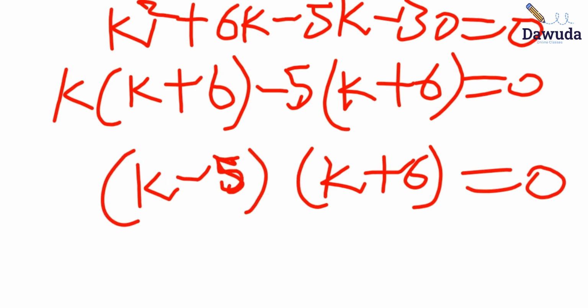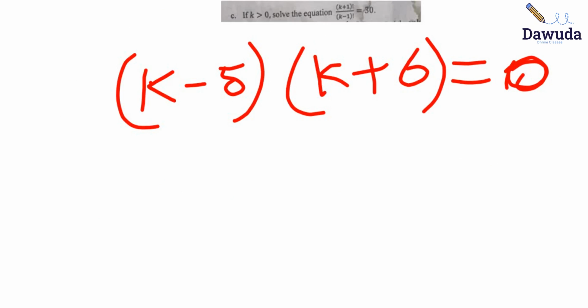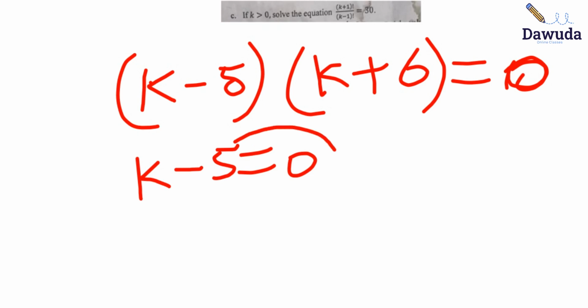So let's find k from that. Let's take each of the brackets and equate them to 0. The first one, k minus 5, is equal to 0. You bring the negative 5 across the equal sign and it becomes positive, so we have k equal to 5.